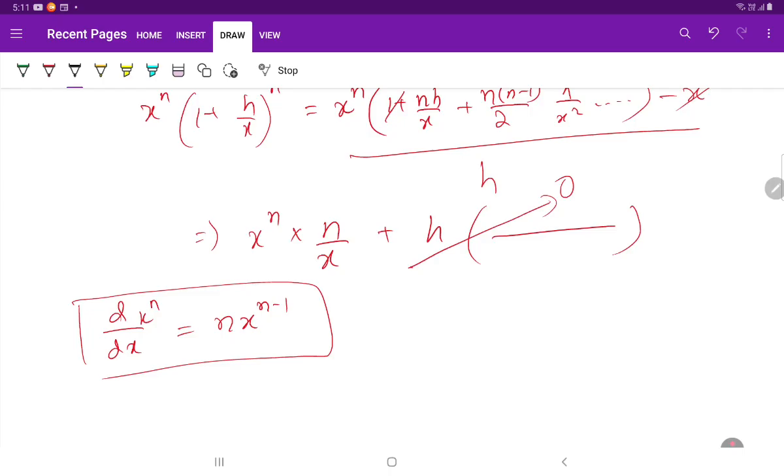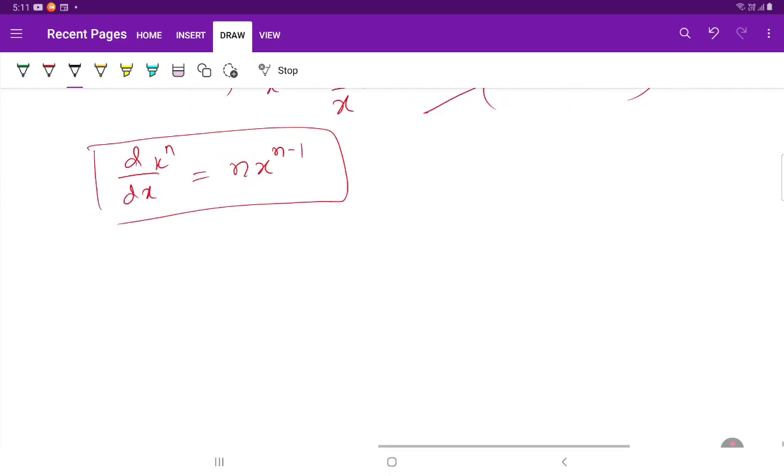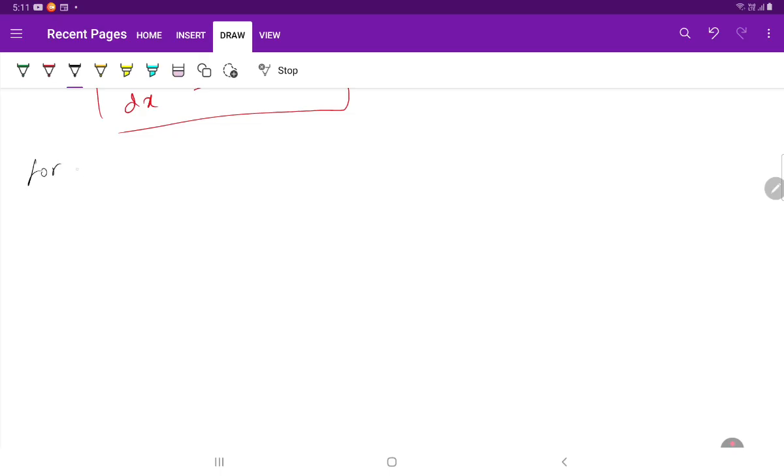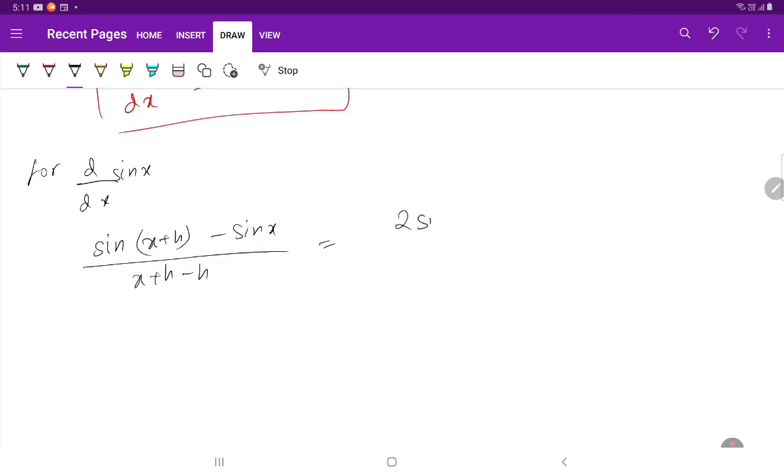Now similarly you can take another function, like d/dx of sin x. Now, [sin(x+h) - sin x] by [(x+h) - x], you will get it to be nearly 2 sin(h/2) into cos x, by h.